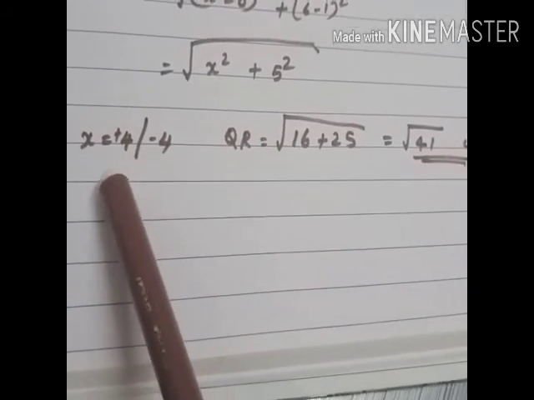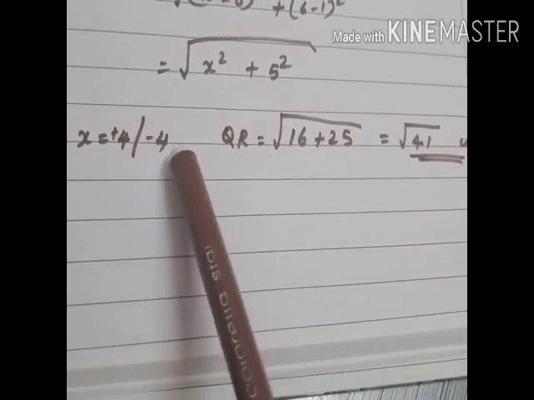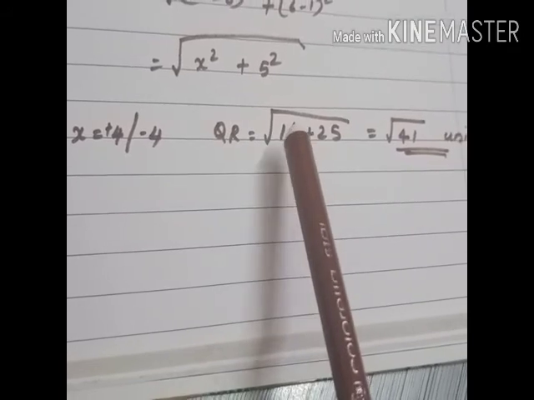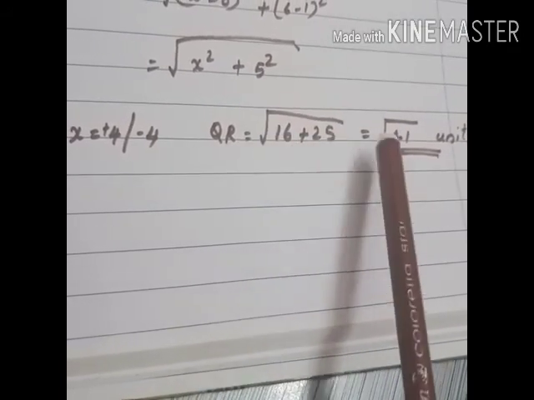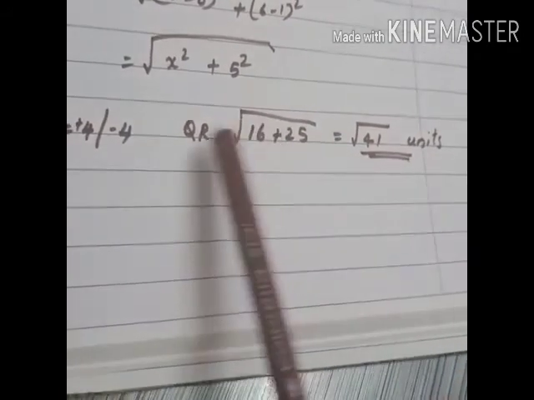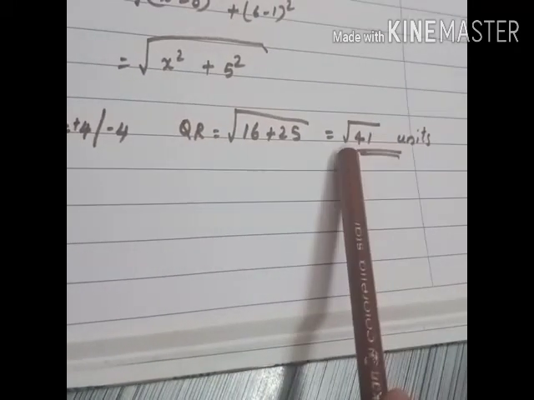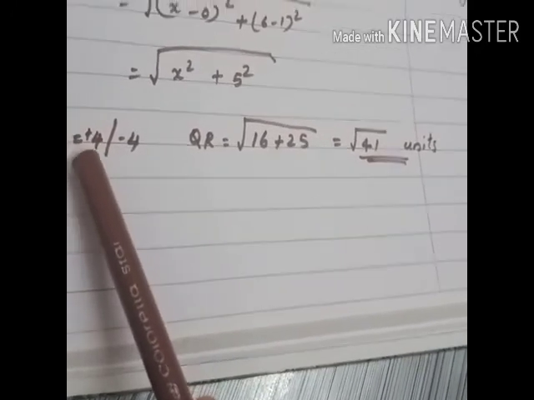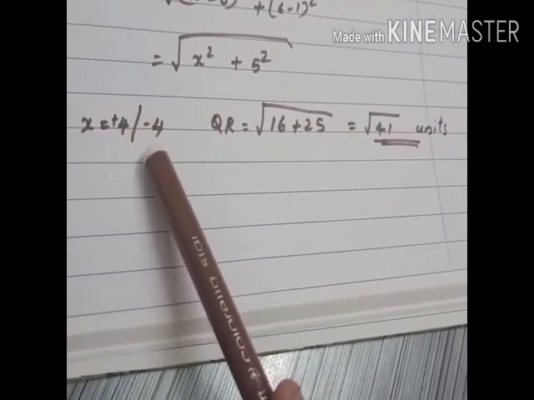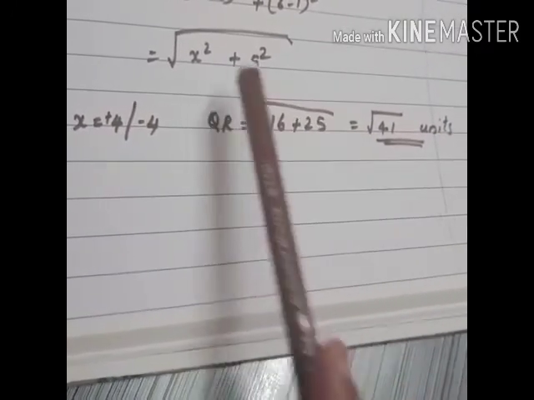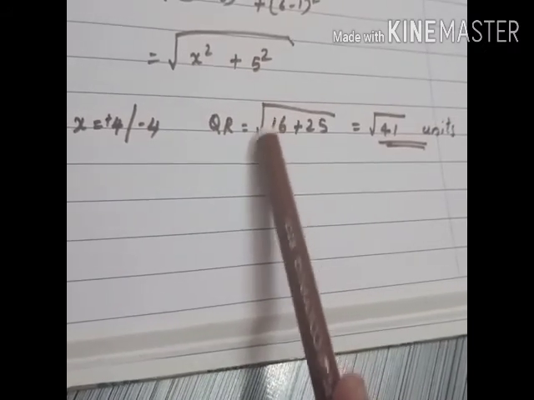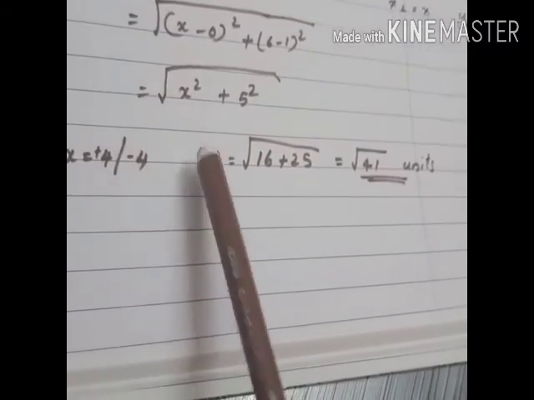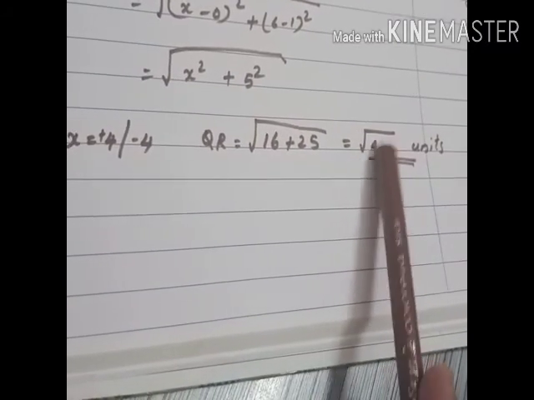If the value of x is positive 4 or negative 4, x square becomes 16, so 16 plus 25 gives root of 41 units. So the distance QR equals root 41 units. In both cases we get the same value because x square becomes positive 16.